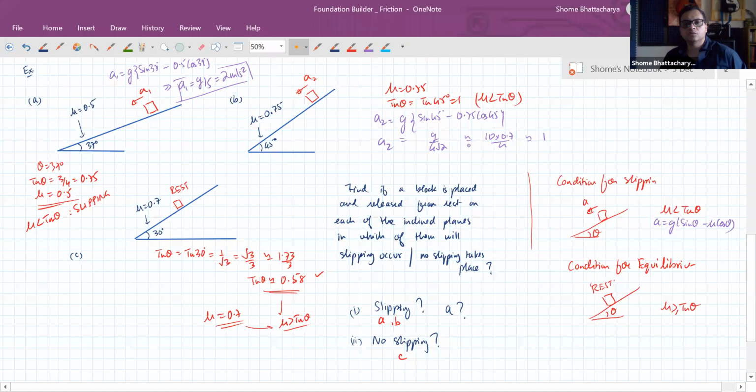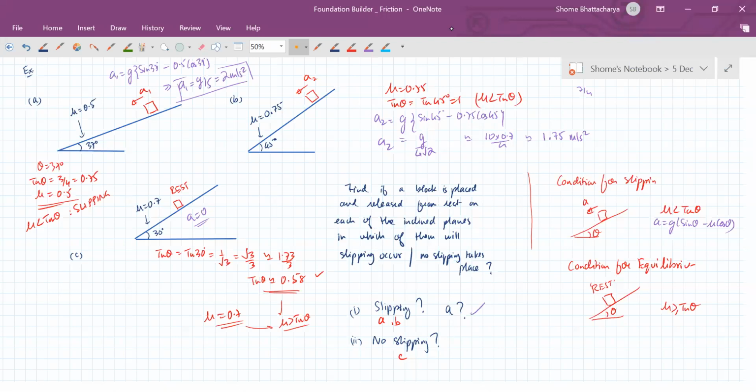So in terms of g, it is g by 4 root 2. And if you take g as 10, it is approximately 7 by 4, or that is 1.75 meters per second square, close to this. In this case, of course, acceleration is 0. It remains at rest. So these are the values of the acceleration which I've written on top. Okay, so just make a note of this quickly and make sure you understood the calculation in each part.